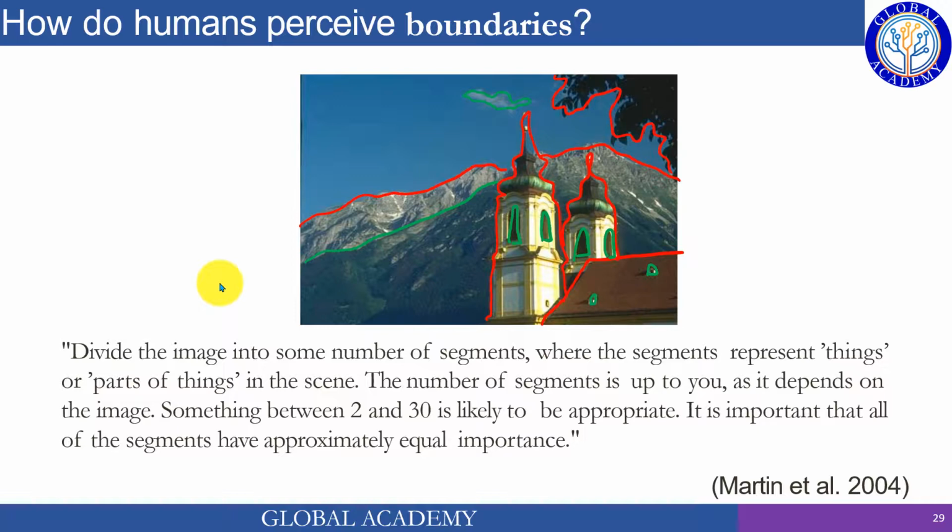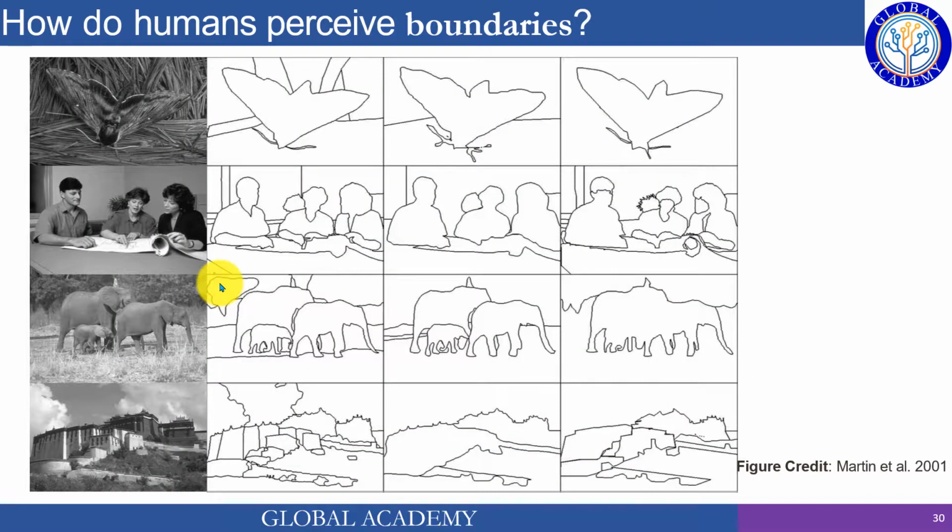So we can develop algorithms to detect or draw boundaries around objects. Here is another example. The image on the leftmost is the original image with more details, and then images with lesser and lesser details.